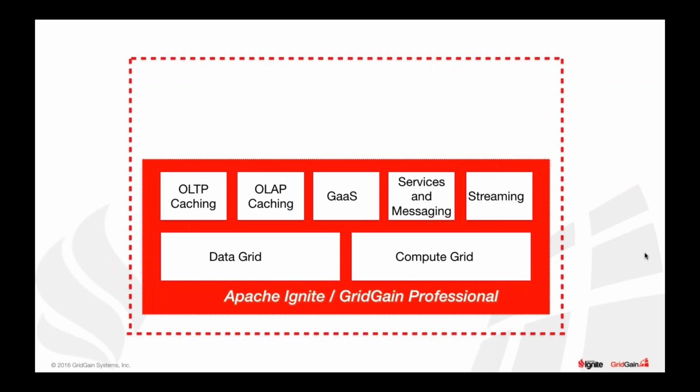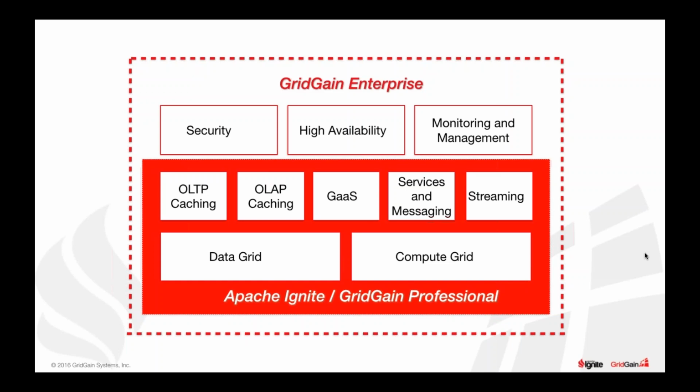And then as they see all the different functionality that GridGain Professional offers, they will create a centralized version of it that all the applications can use. So one place, one single system in order to manage all your in-memory application needs: streaming, microservices, OLAP, OLTP, caching, etc.